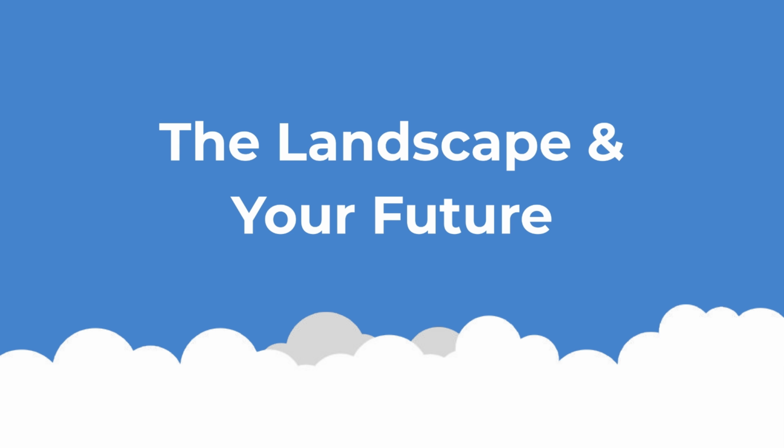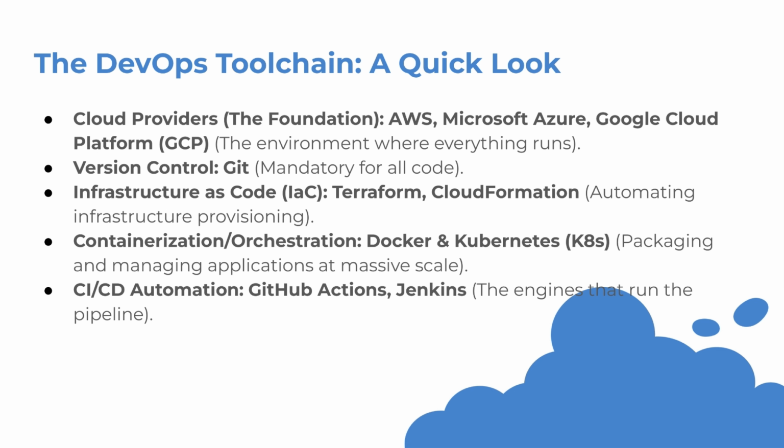So, the landscape and your future. If you are planning to follow a DevOps path, I think we have like 15 to 20 minutes more, so I'll go through this and explain it, since we have some time left. What are the basic things you have to follow if you are following the DevOps path?